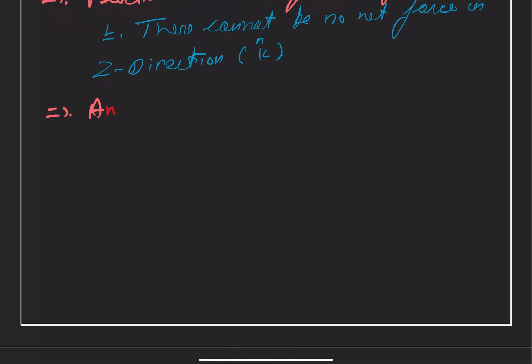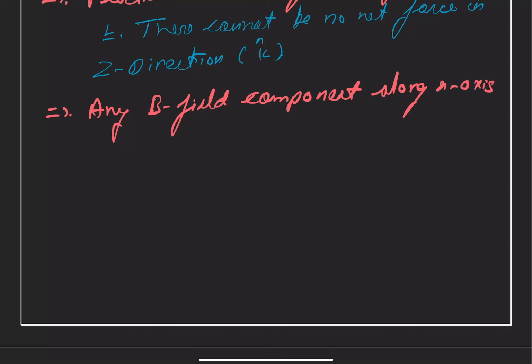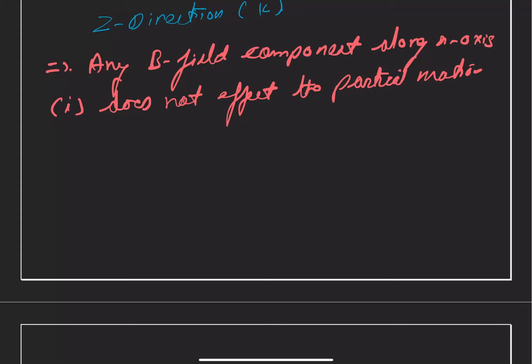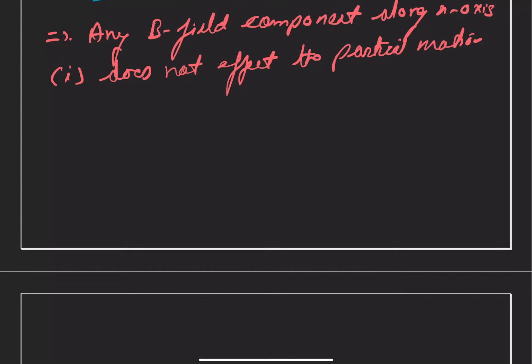So we can say any magnetic field component along x-axis, which basically means i unit vector, does not affect the particle's motion, because it is given that the initial velocity vector is along i.